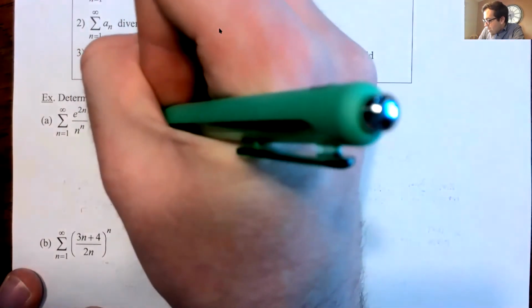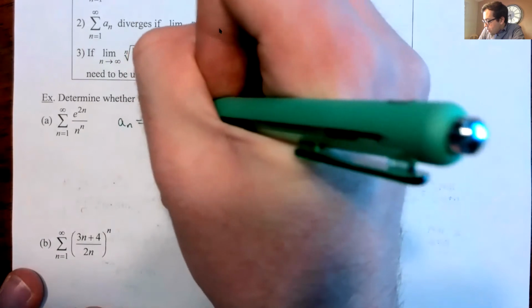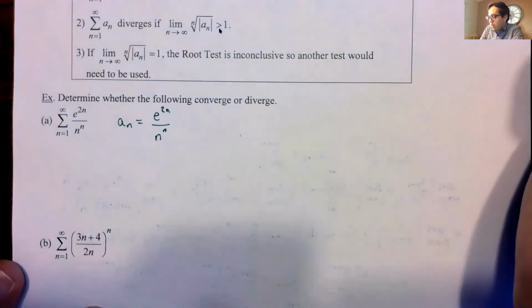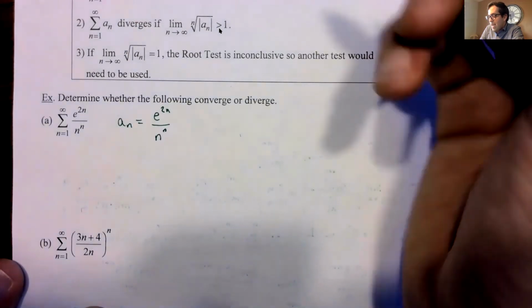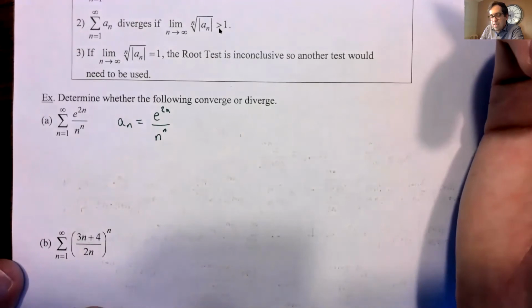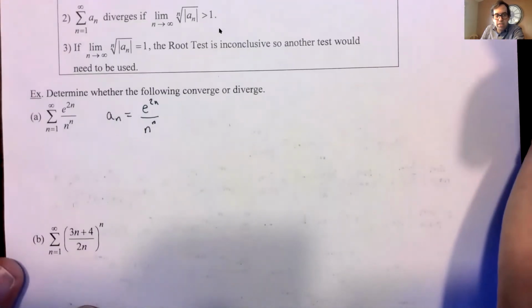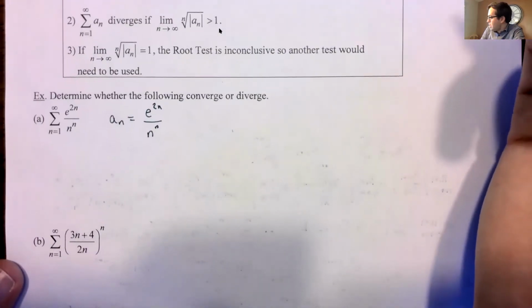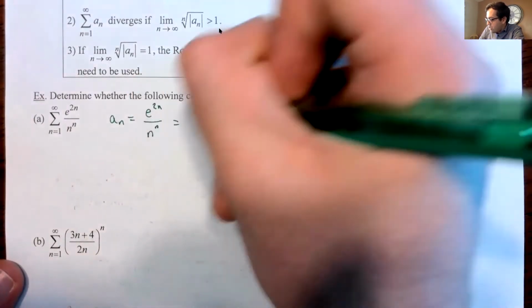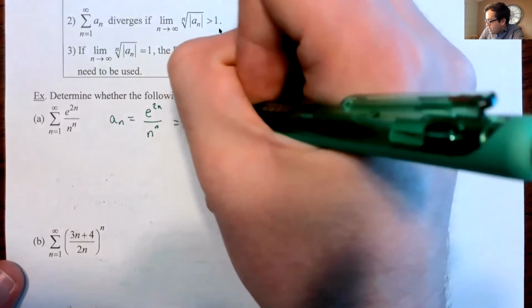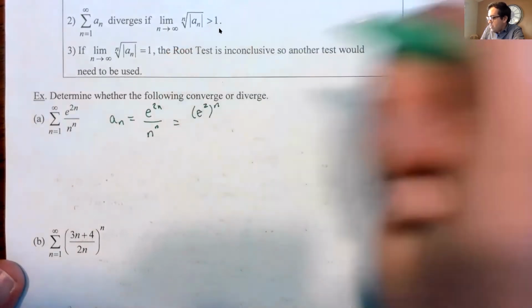I can say that a sub n here is e to the 2n over n to the n. Now, I don't need to worry about finding the a sub n plus 1 term because that's not part of the root test. That was only part of the ratio test. But what I would like to do is rearrange this so that the whole thing is to the nth power. So I'm going to change this numerator to e squared to the n.